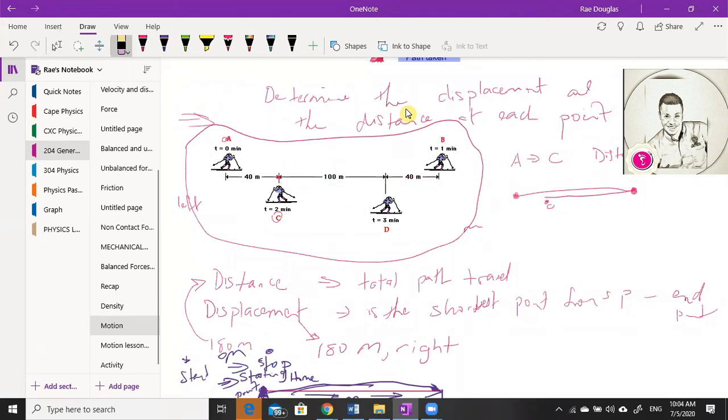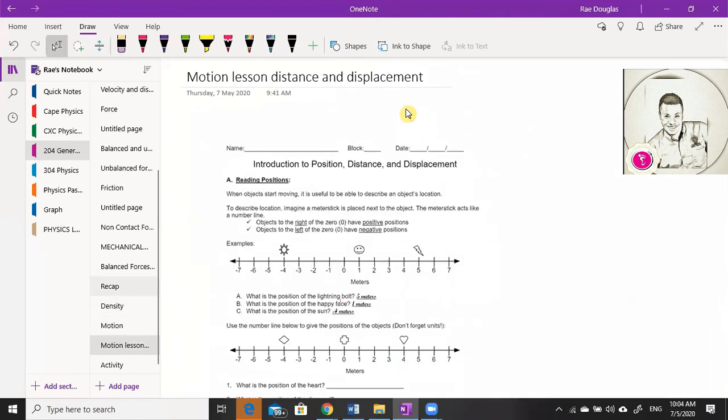Now we're going to do some more problems, just to get a better hand of what is taking place there, so that we are on point. So let's start off with distance. Let me just see if I can make this a little bit bigger.